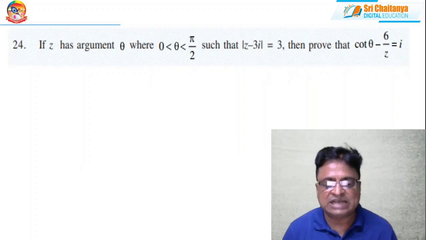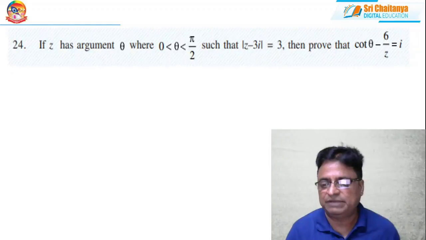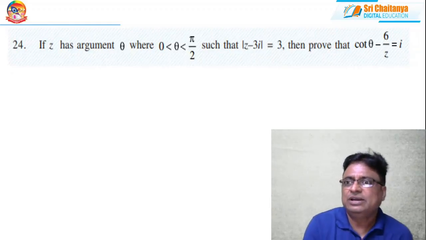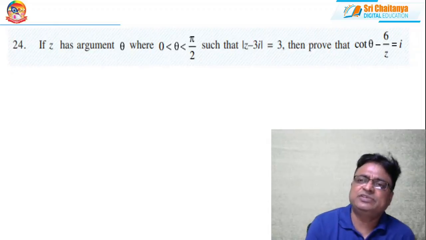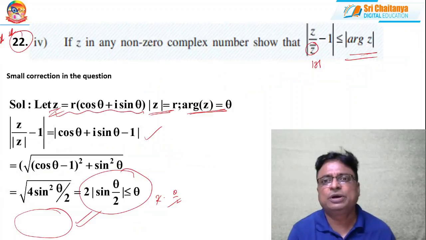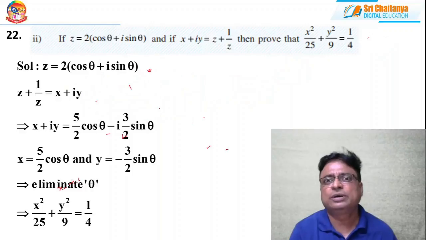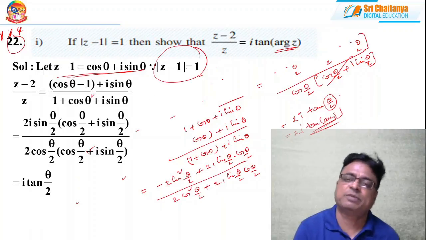Of course, again, z has an argument theta. Argument z is given. And theta is in between this one. Mod of z minus 3i is equal to 3. And prove that cot theta minus 6 by z is equal to i. The 24th problem is just similar to problem number 22, the first problem.